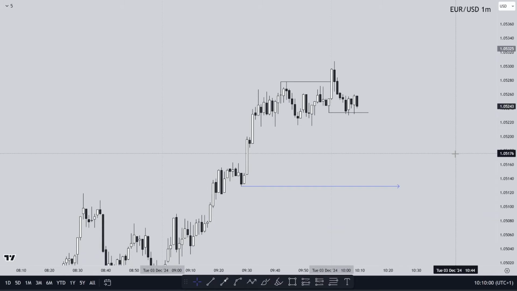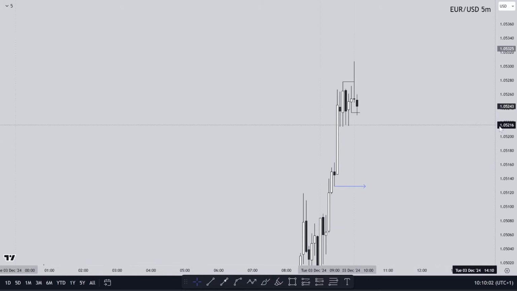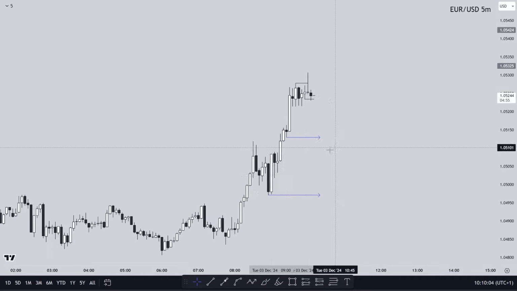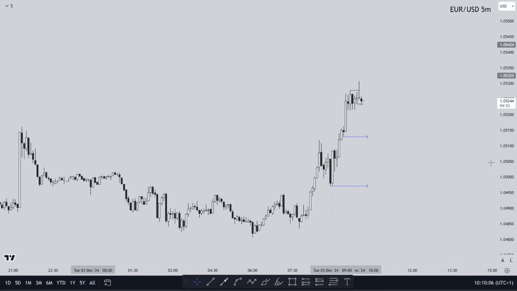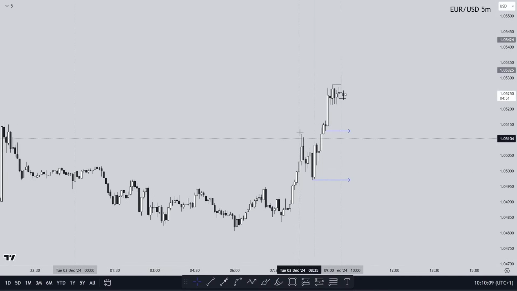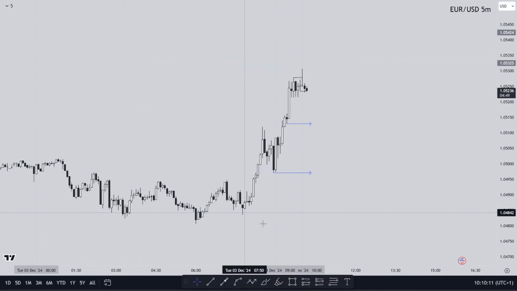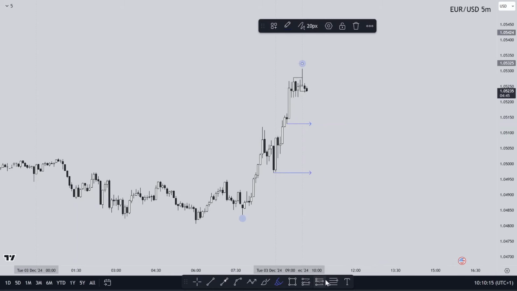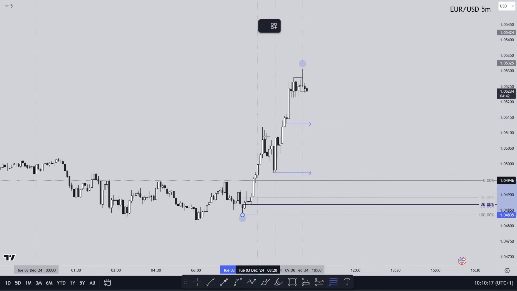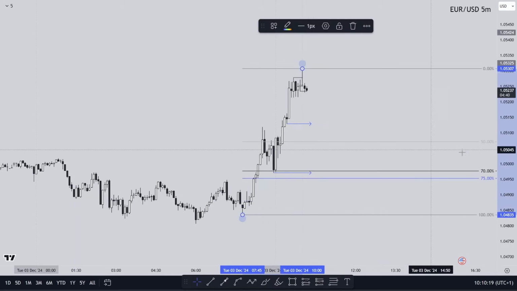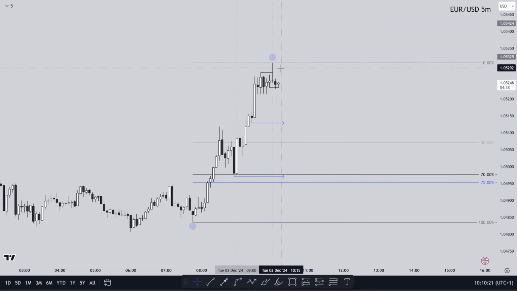And also, if I have a look at the 5-minute chart, as you can see, we have a really sharp movement to the upside. So if we consider all the movement from the low to the high, I can help you with the Fibonacci retracement.